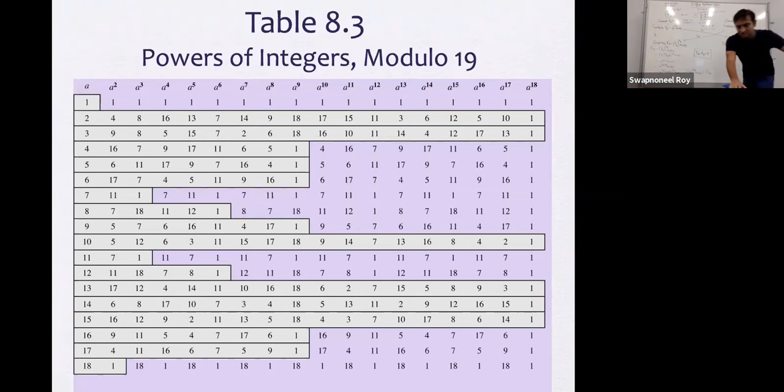So everything is there. Let's read the row of alpha is equal to 2 and p of course is equal to 19. Let's read what that is.